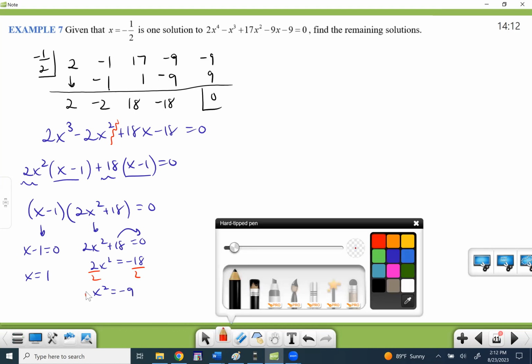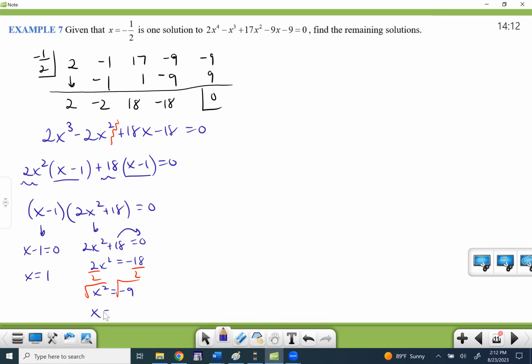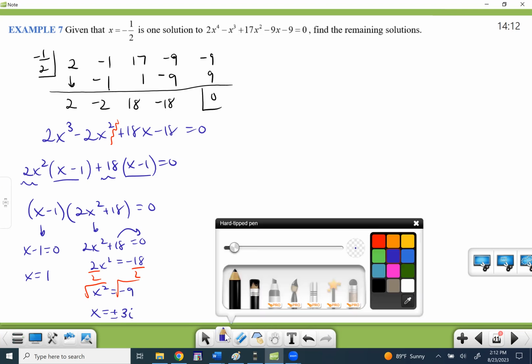I'm going to root to get rid of the x squared. Don't forget your plus or minus whenever you root. Okay, there's a negative under the radical, so I know it's going to be an i. The square root of 9 is 3, so this is going to end up being 3i. Okay, so given that negative 1/2 is a solution, find the remaining solutions.